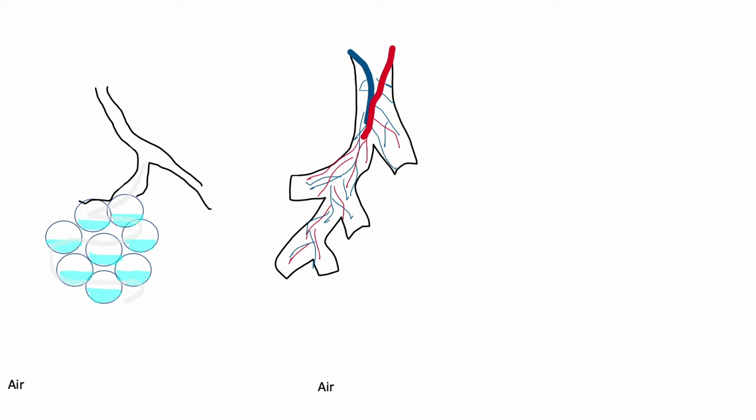We get this vibration, which causes that sound that we hear, that high-pitched wheeze. It's causing vibration as it goes through a change in patency in one of the tubes of the airway. Well, this occurs with pulmonary edema because we have increased fluid accumulation outside of the vasculature into the interstitium.